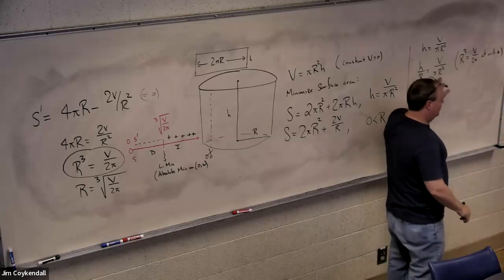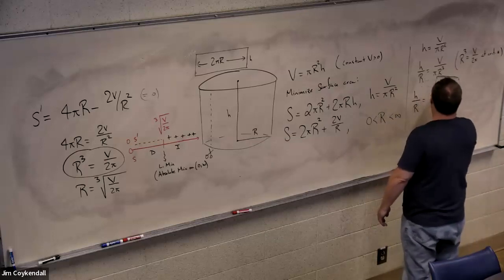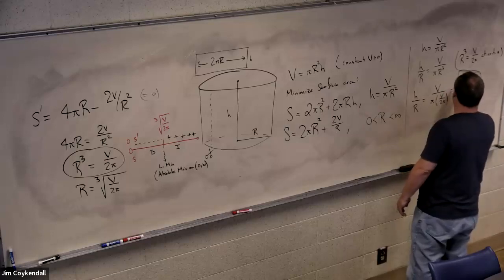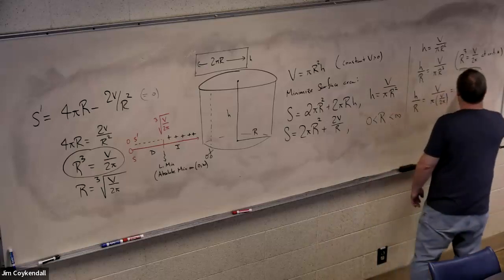So I can replace that. So h over r is b over pi r cubed, which is b over pi divided by b over 2 pi, and that's a great simplification.